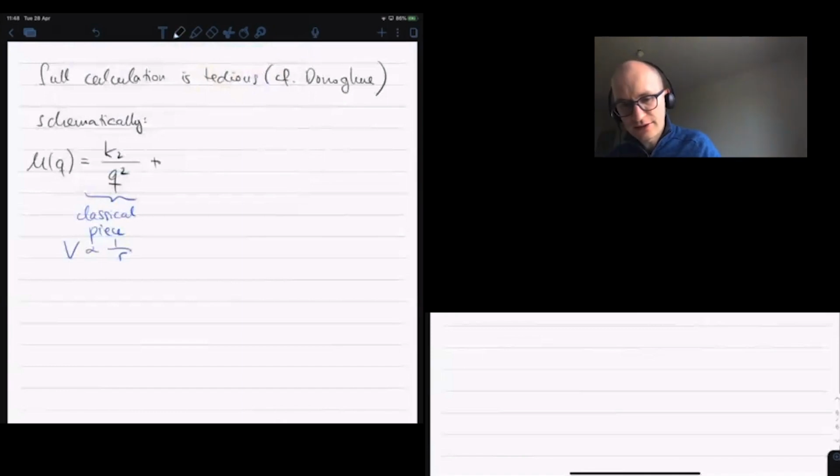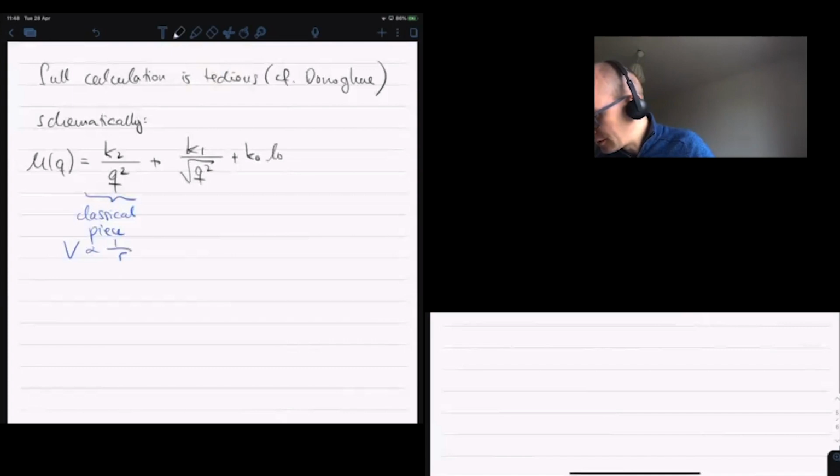But then we get corrections which are non-analytic in the exchanged momentum. So there are things that go like the square root of q squared with some coefficient k1. And there is something that goes like k0 times the logarithm of q squared.